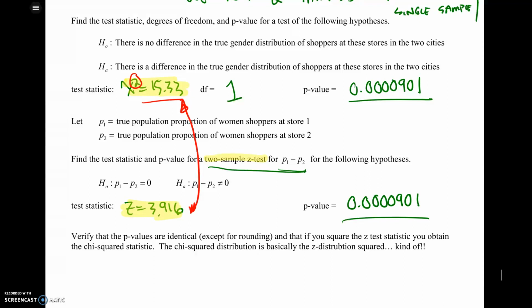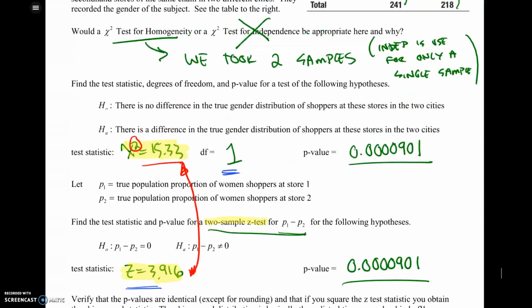The reason is that this has 1 degree of freedom. Basically, a chi-squared curve is kind of like a normal curve squared. And when you have multiple degrees of freedom, it's kind of like the sum of, let's say, 3 z-curves squared.